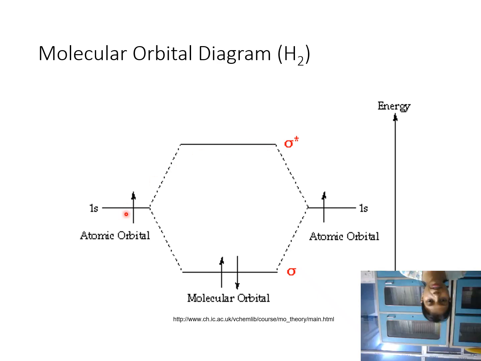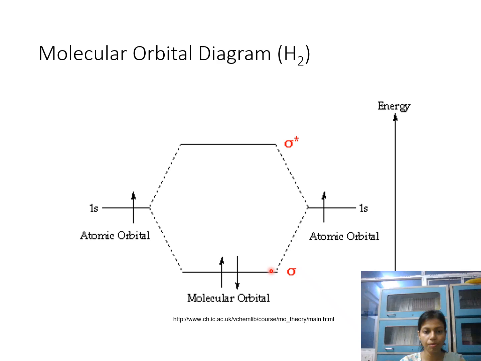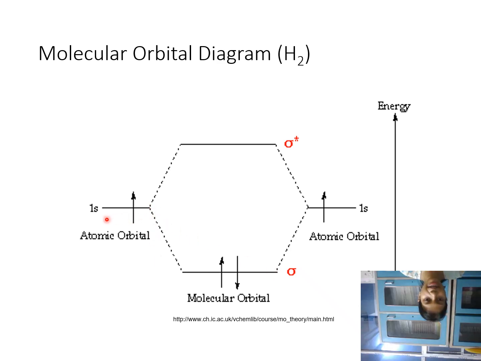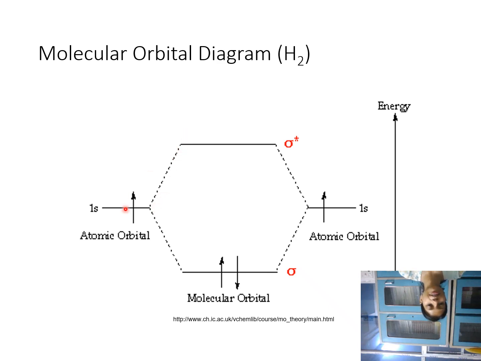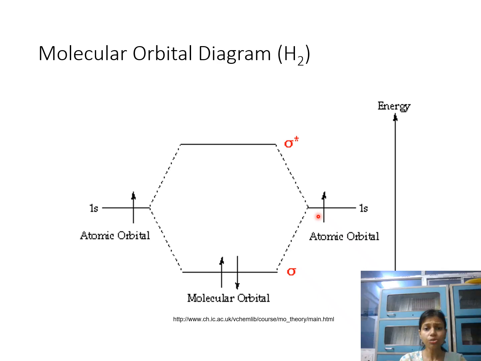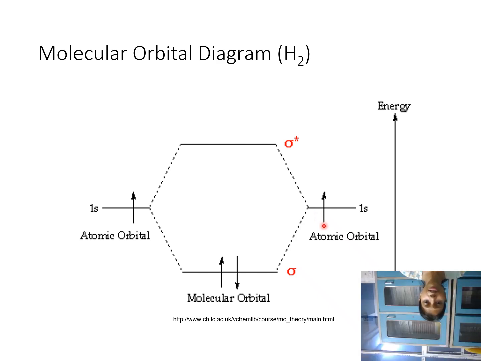Each atom has 1 electron, and 1 molecular orbital will form at the lower energy level, so both electrons fill up there, and no electron goes to the higher energy. So we can see the bonding molecular orbital has lower energy than the atomic orbitals, and the antibonding molecular orbital has higher energy than the atomic orbitals, right? So these things are now clear to us.